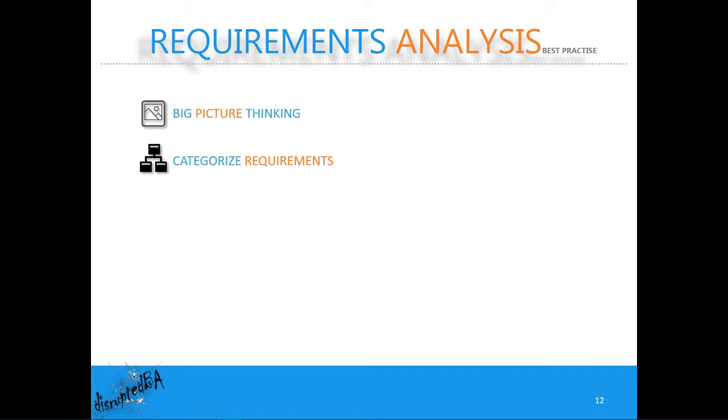Especially if you look at transitional requirements, you'll understand when you can get rid of those and when they have served their purpose. Then the third one, very important. I've mentioned this previously, but never discard anything.